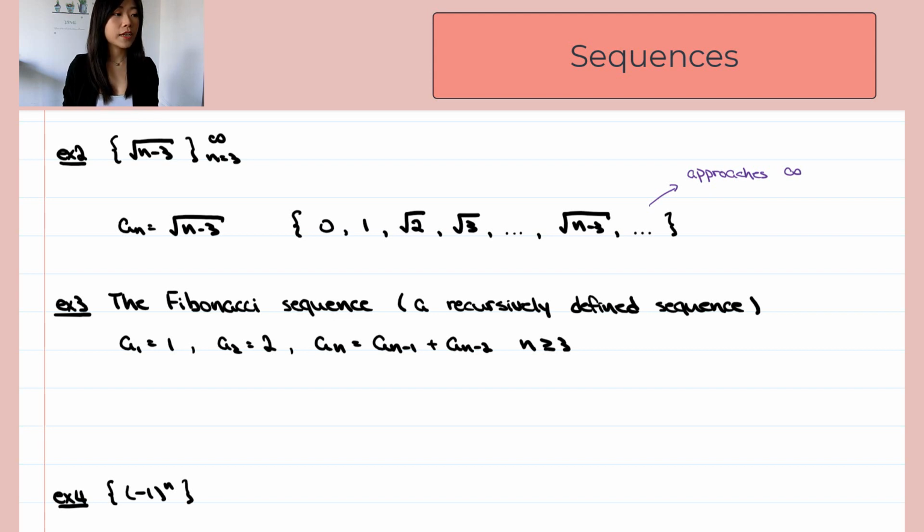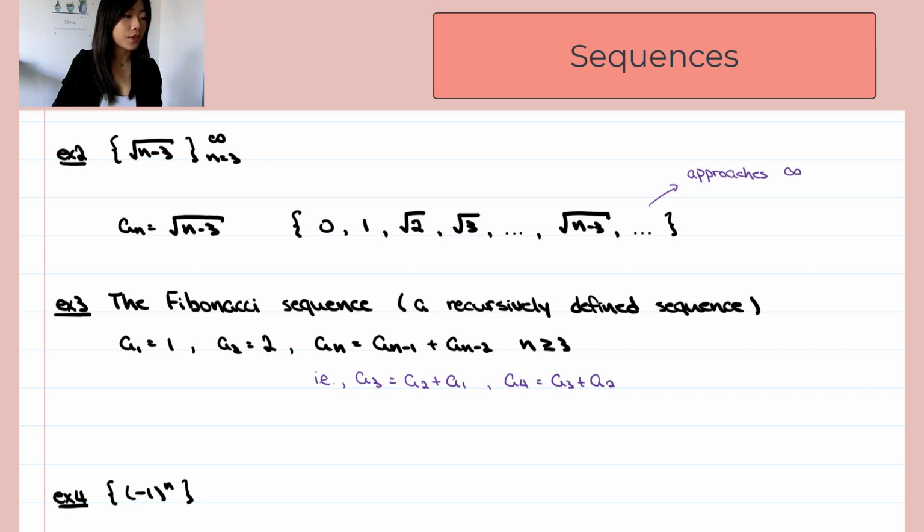In this example, it's given that a1 equals 1, a2 equals 2, and for n greater than or equal to 3, a_n equals a_(n-1) plus a_(n-2), which also means when n equals 3, a3 equals a2 plus a1, and a4 equals a3 plus a2, and so on. Let's write out the terms for this sequence.